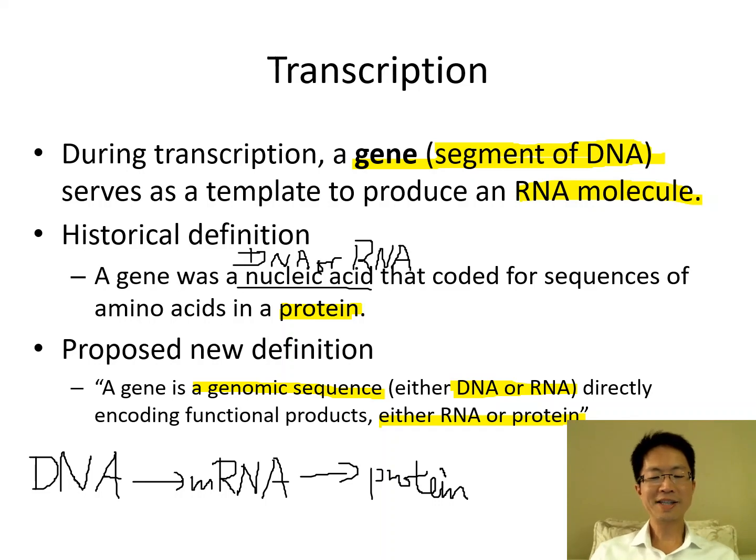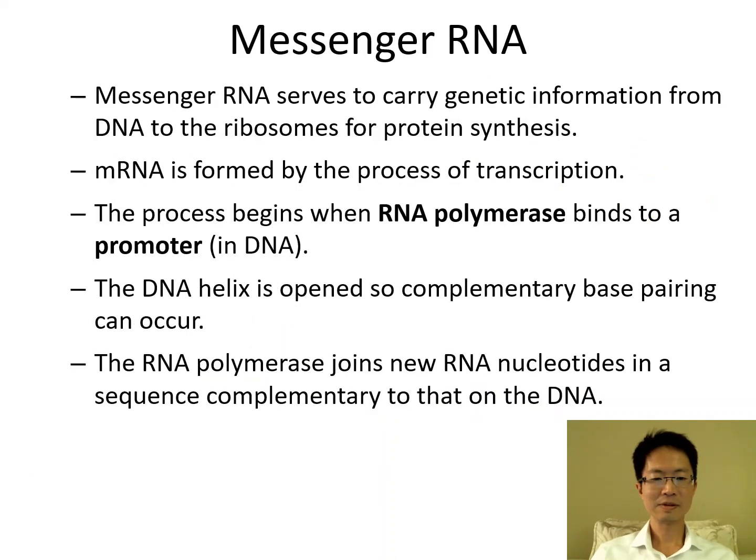So you can see that's why they said either RNA. Why? Because DNA goes to RNA, and then RNA becomes protein. That's why the definition is like this. So the new definition is more scientifically accurate. So messenger RNA.